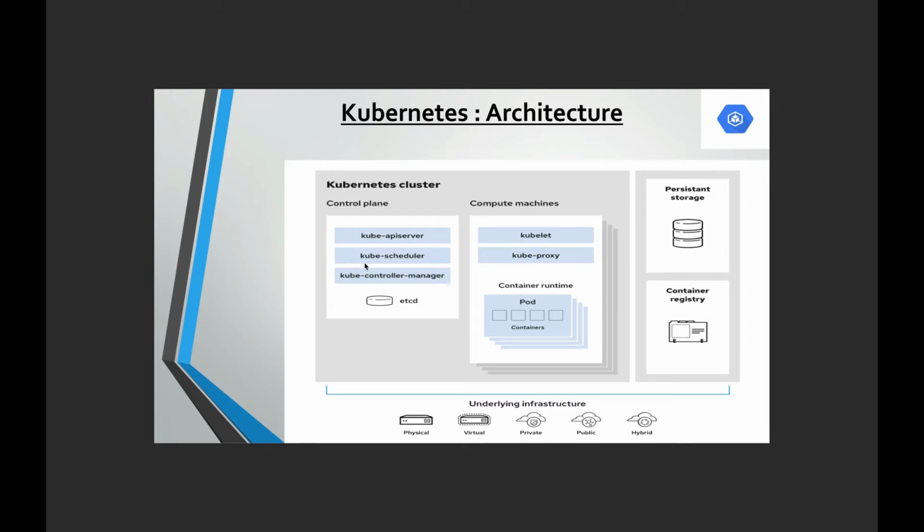Now the Kubernetes control plane has four parts or components, we can say, which are Kube API server, Kube scheduler, Kube control manager, and etcd. Now Kube API server. Whenever we want to interact with the Kubernetes cluster, it helps us to do that via the control plane.